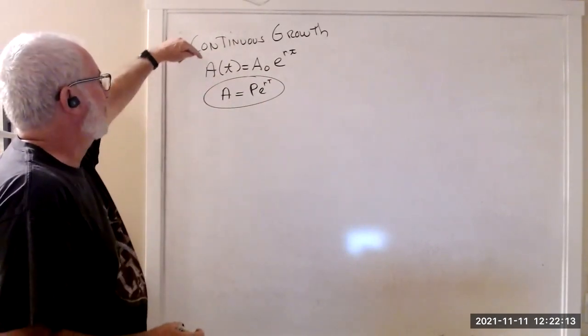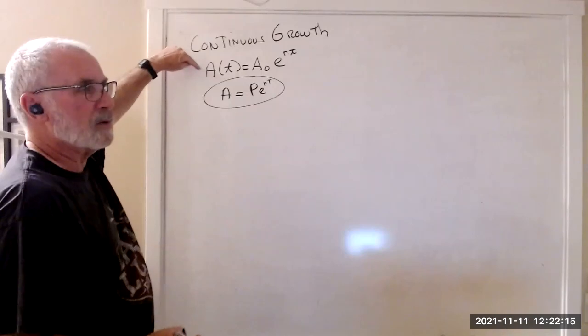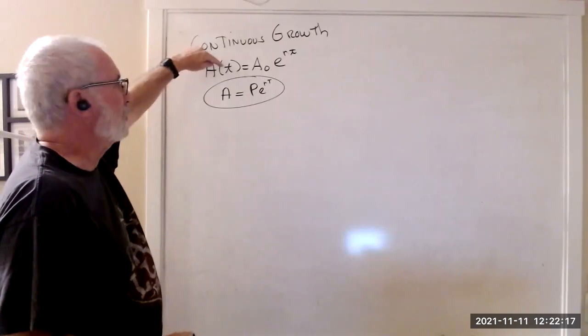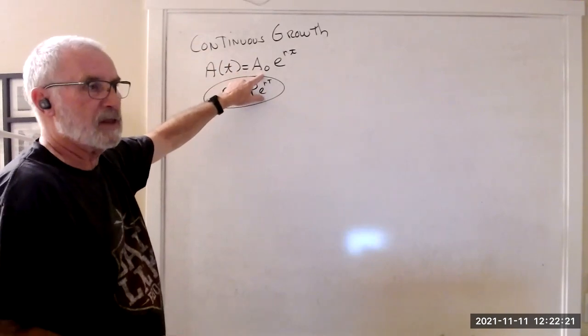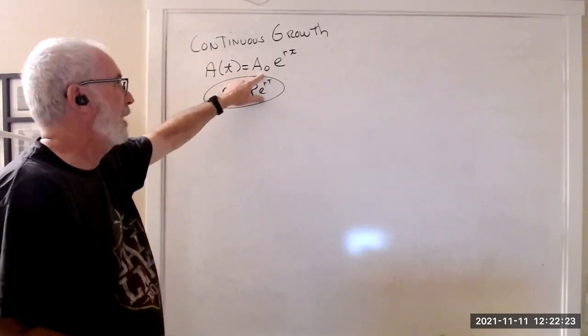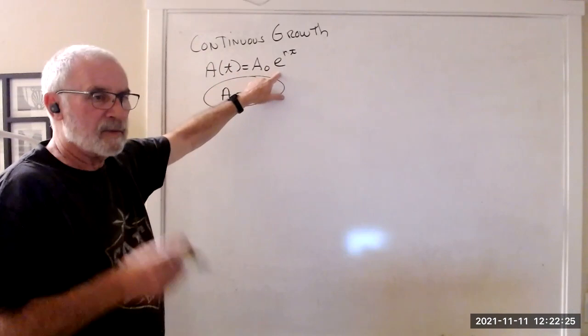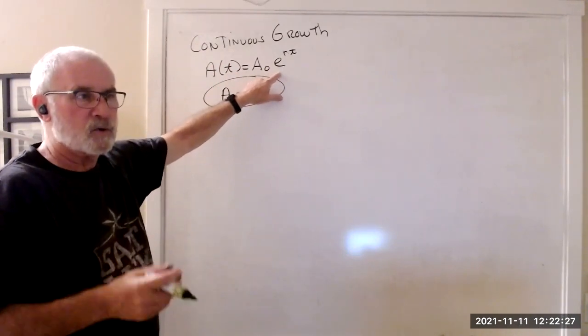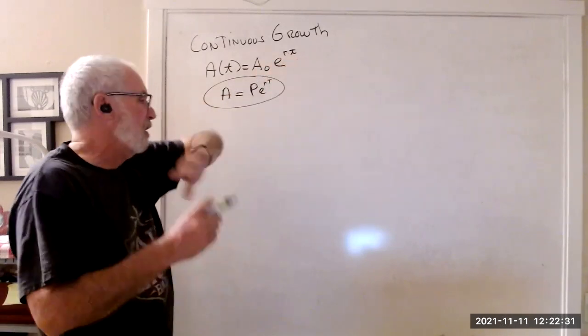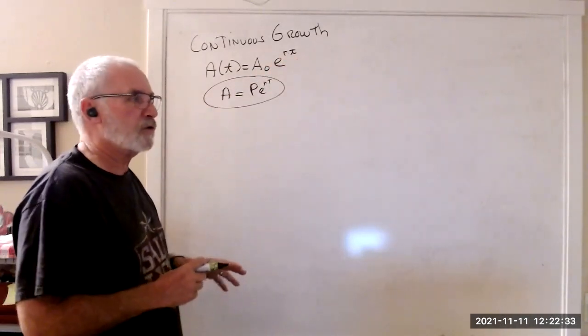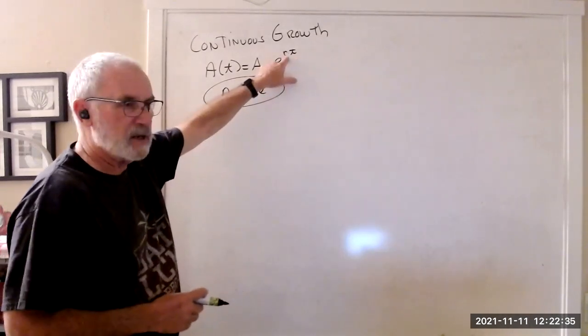So in math, this would be what I write: A of t, the function, equals A naught, or A sub 0, which is always the initial amount, times e, remember that magic number, the new number we've introduced, e, raised to the RT. All the rules are the same. The R has to be a decimal.